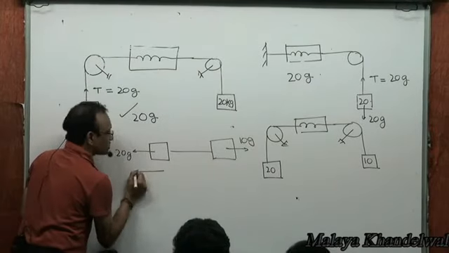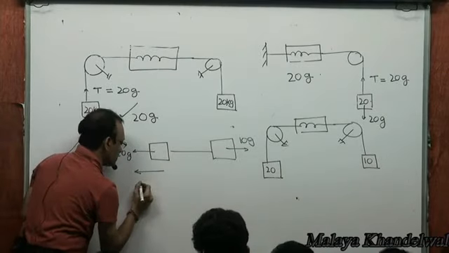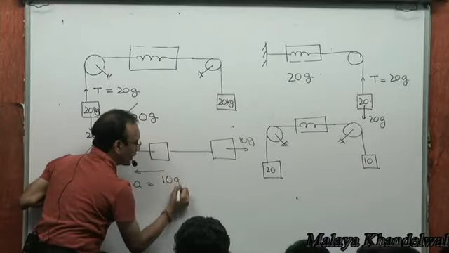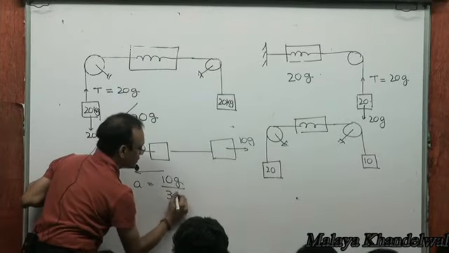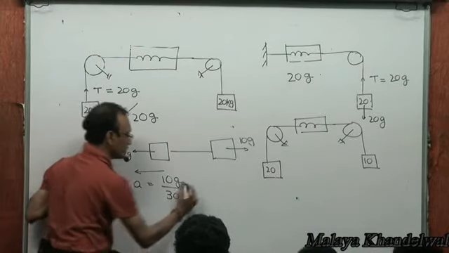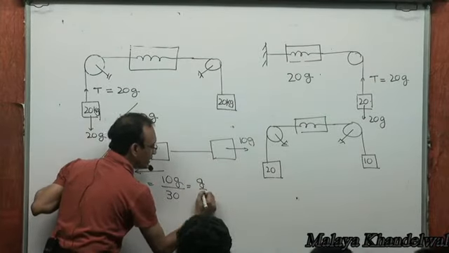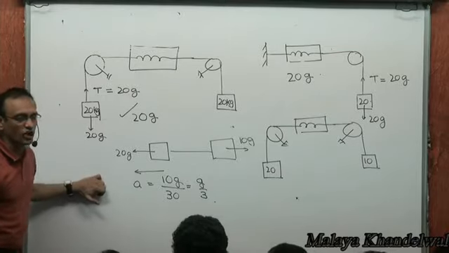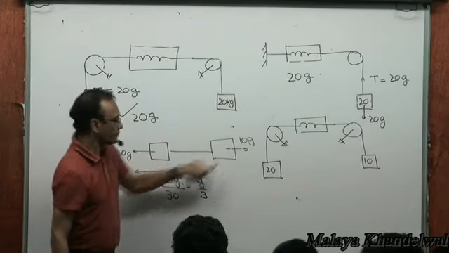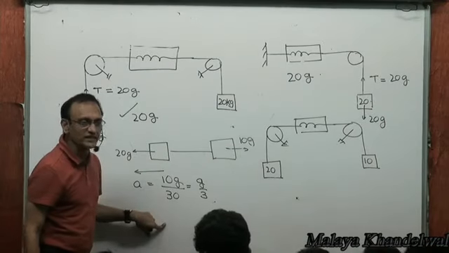The total acceleration is 20 G minus 10 G, divided by the total mass, 30. So G by 3 is the acceleration.